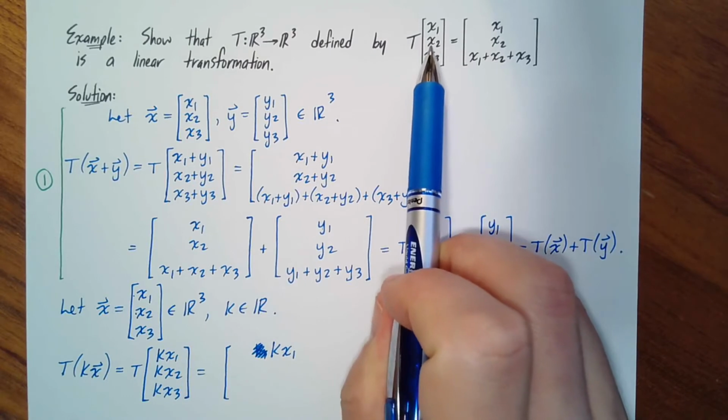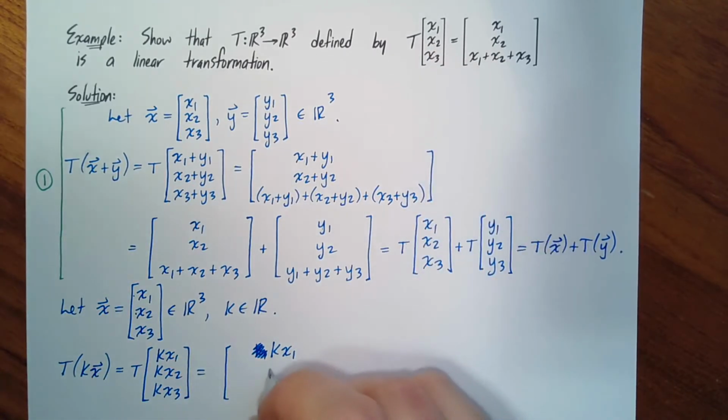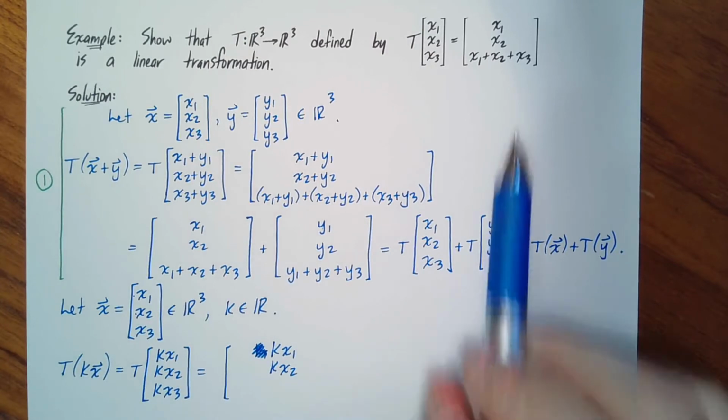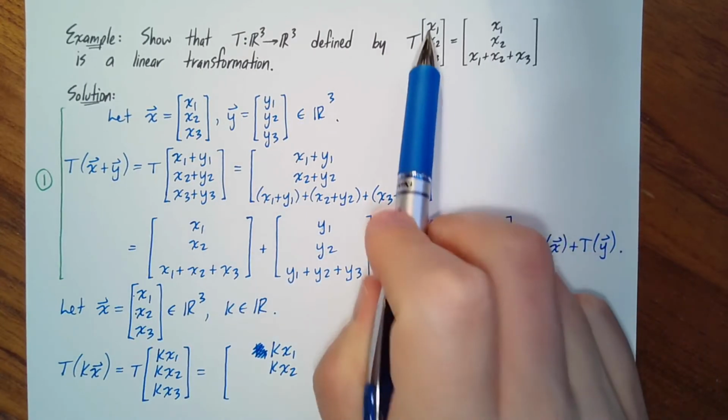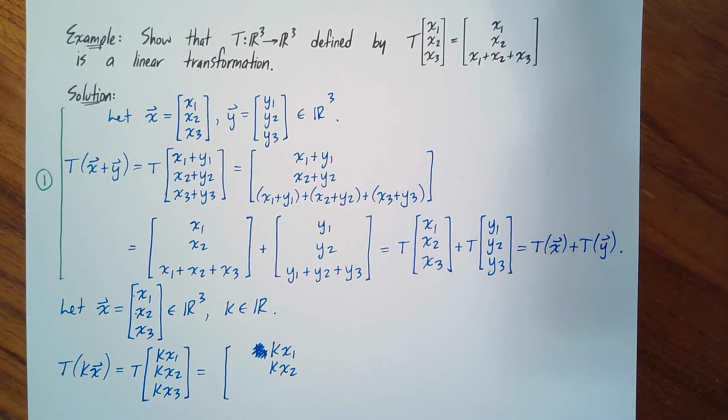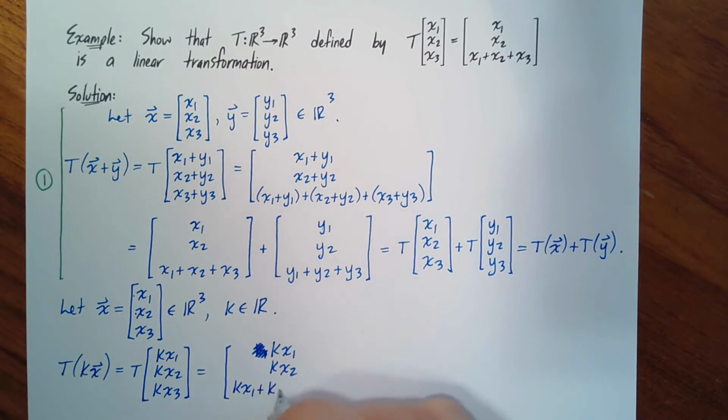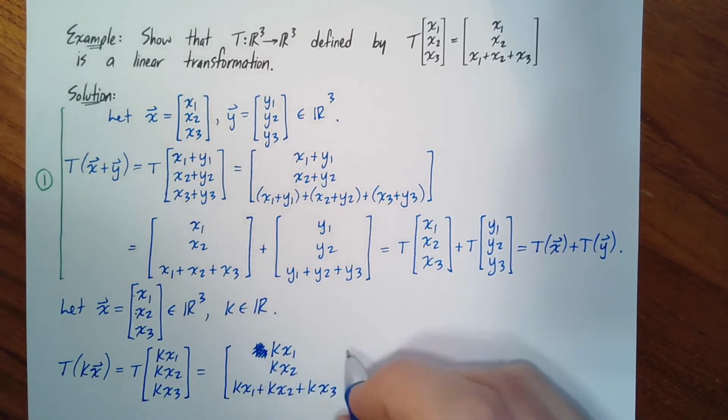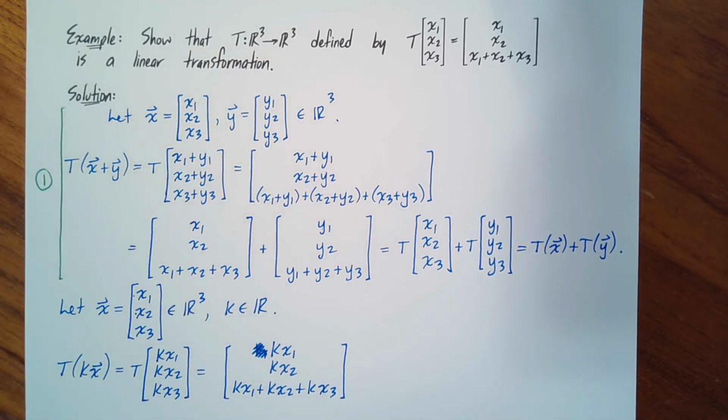The second coordinate x2 gets copied over directly. So we'll have kx2. And then for the third coordinate of the output vector, we get the sum of all three coordinates of the input vector. So we're going to have all three of these added together for our third coordinate. So we'll have kx1 plus kx2 plus kx3.